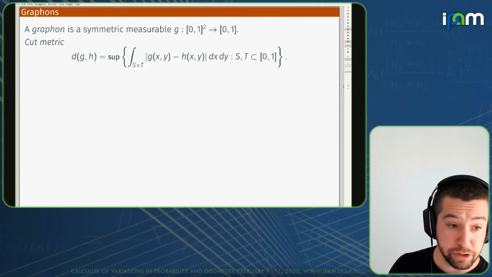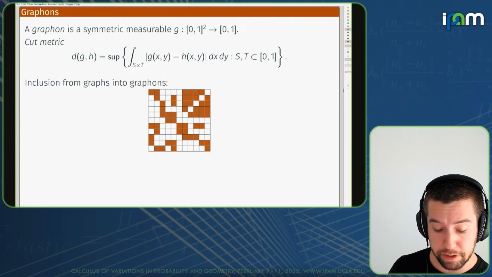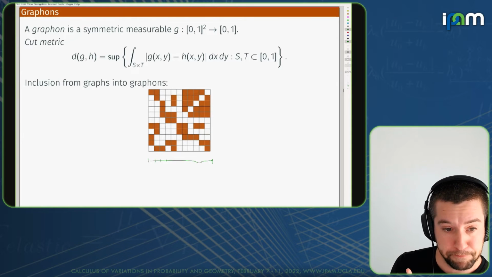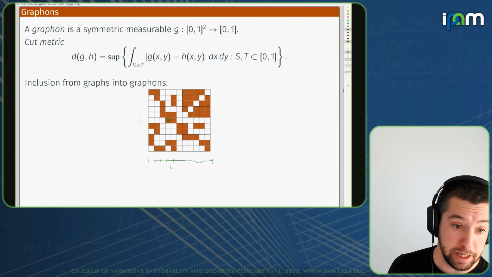Okay, now this is graphons, and we were talking about graphs. There is a natural inclusion from graphs to graphons, and the way it goes is: I have a graph, I take my unit square, and I divide up each axis into n bins, one for each vertex. Then I define my function g by saying, on the bin (i,j), I set the function g to be 1 if the graph had an edge, and 0 if it didn't.